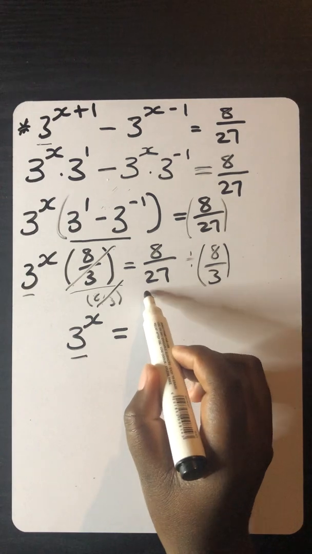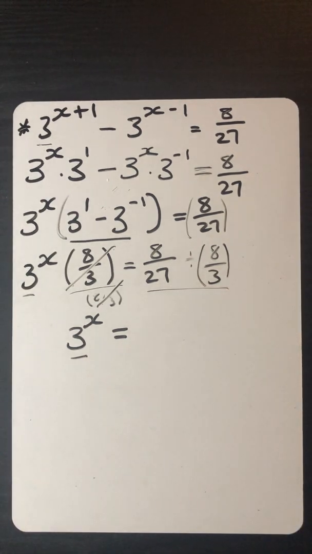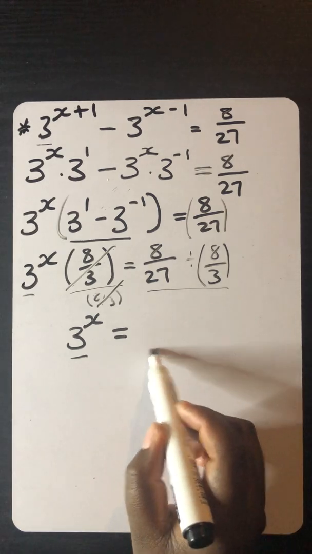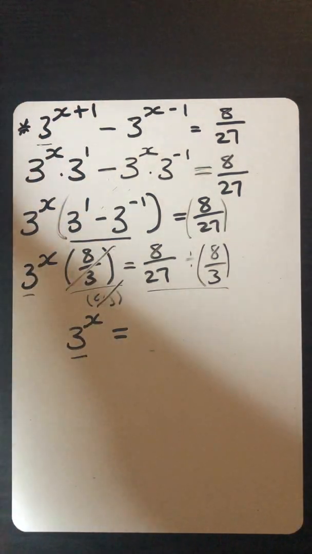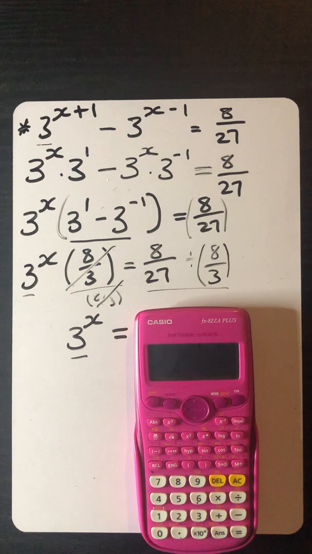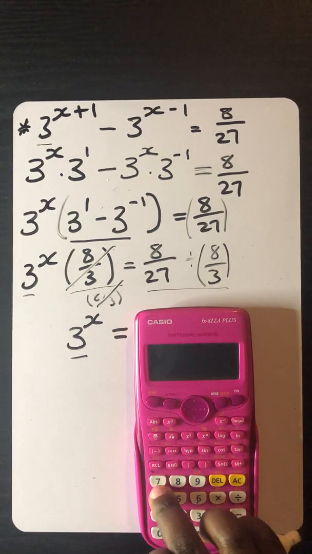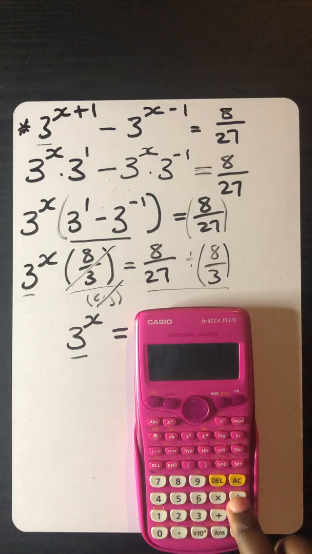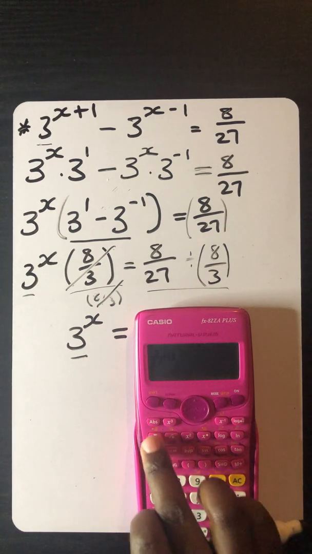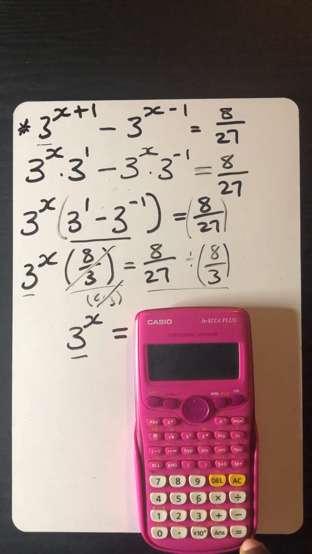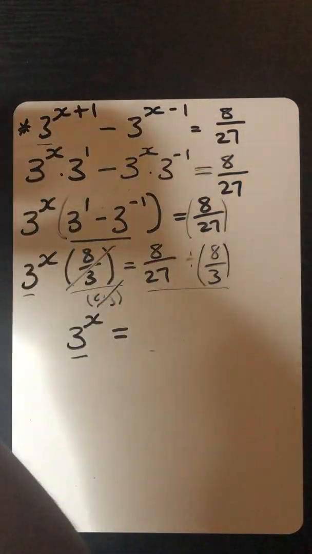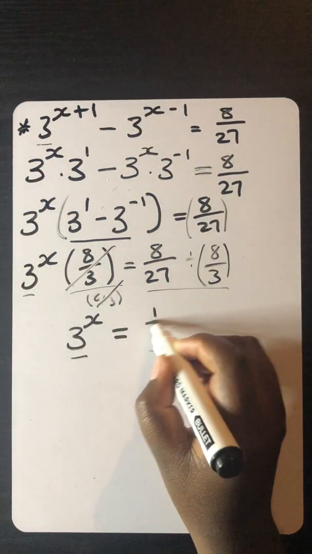So all of this you can just punch on a calculator. Whatever number that you get, that's what you write over there. So now let me bring my calculator and punch all of that. So it's 8 over 27 divided by 8 over 3. I'm getting 1 over 9.